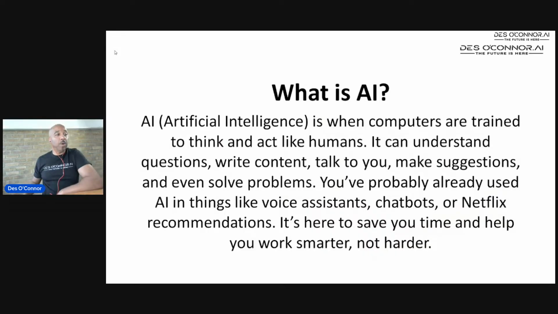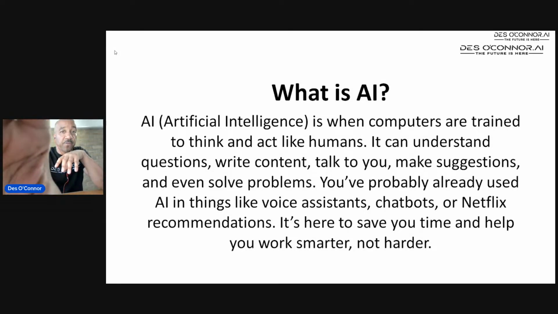So let's crack on. So what is AI? AI, artificial intelligence, is when computers are trained to think and act like humans. It can understand questions, write content, talk to you, make suggestions, and even solve problems. We've been using AI for years. Think back to when Amazon was originally used for buying books.